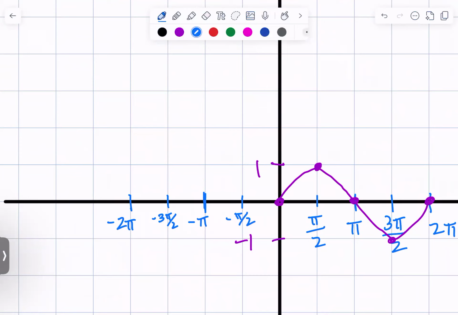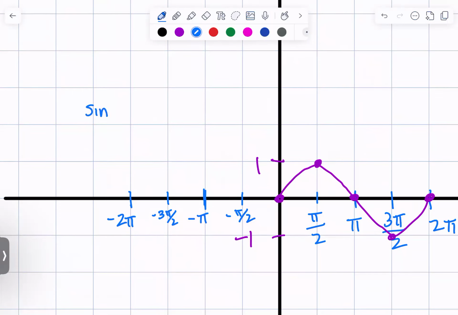And now, remember our last lesson where we talked about sine being odd? What is sine of negative pi over 2? Well, if I quickly draw it on this unit circle, it would be here in standard position.